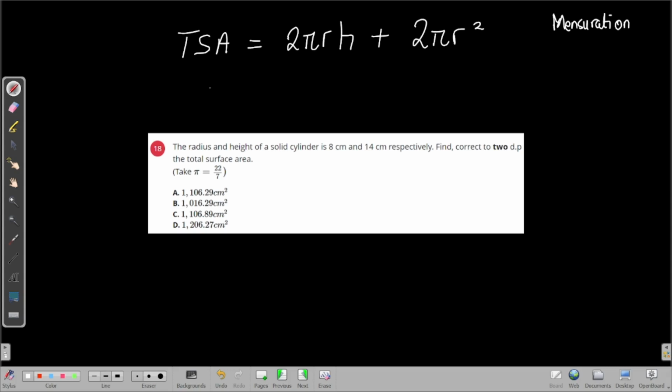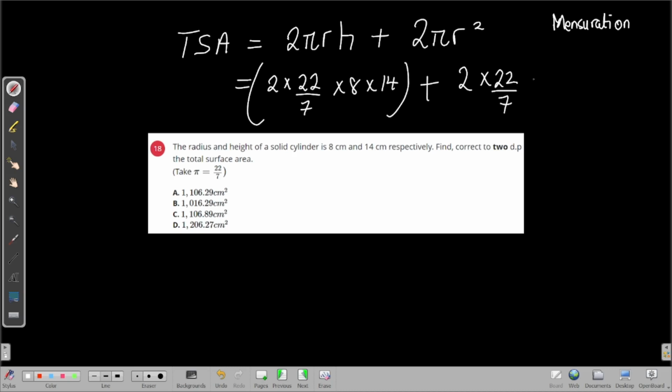This formula is in your 4-figure table, so you don't have to cram it, but you should know where in your 4-figure table it is just before the exam. Okay, so just substitute your values. And then you can just punch this in your calculator.